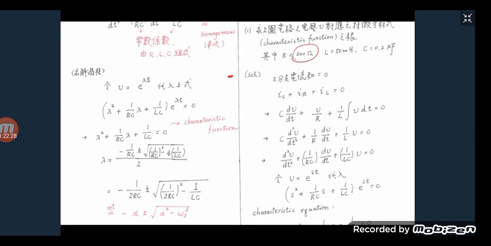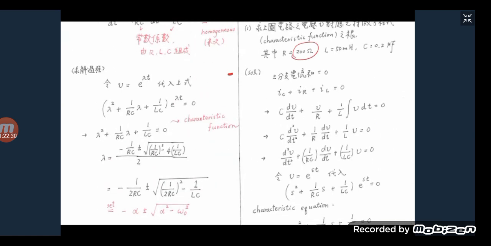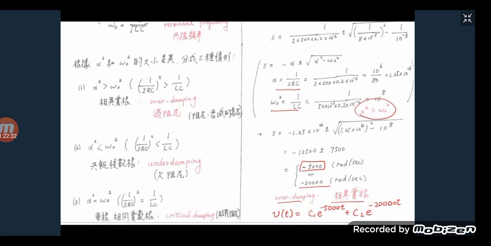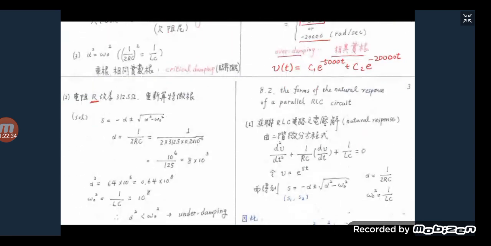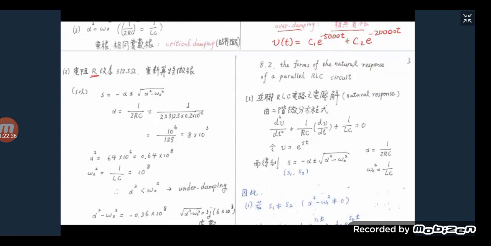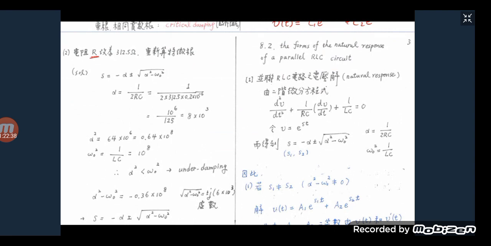Okay. In the next example, the resistance is changed. Originally R is equal to 200, but currently it is changed to more than 300. So when we enlarge the resistance, alpha gets smaller, because alpha is equal to 1 over 2RC and R is greater.